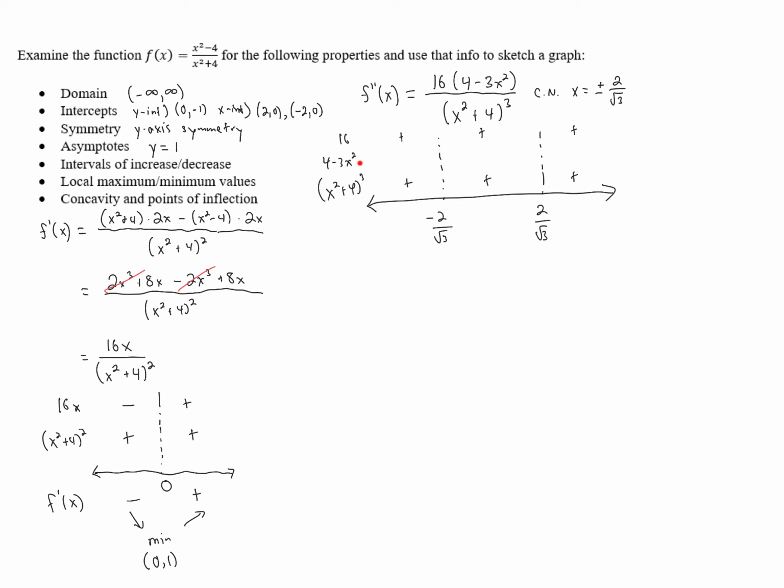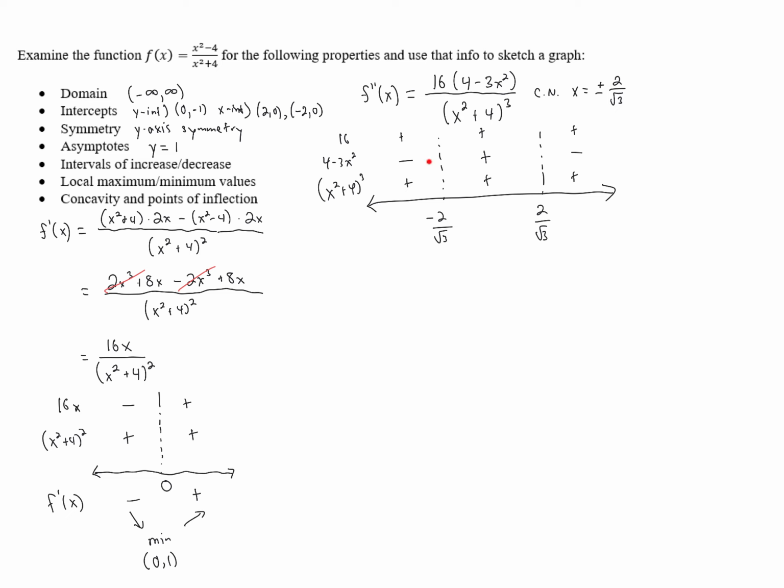So we just have to look here at 4 minus 3x squared, and that is going to be negative, positive, and negative. It's positive in the middle because we can pick an example here, x equals 0, and when x is 0, this is positive. But when x is too big, then this ends up becoming negative because the 3x squared becomes larger than 4, so that becomes negative.